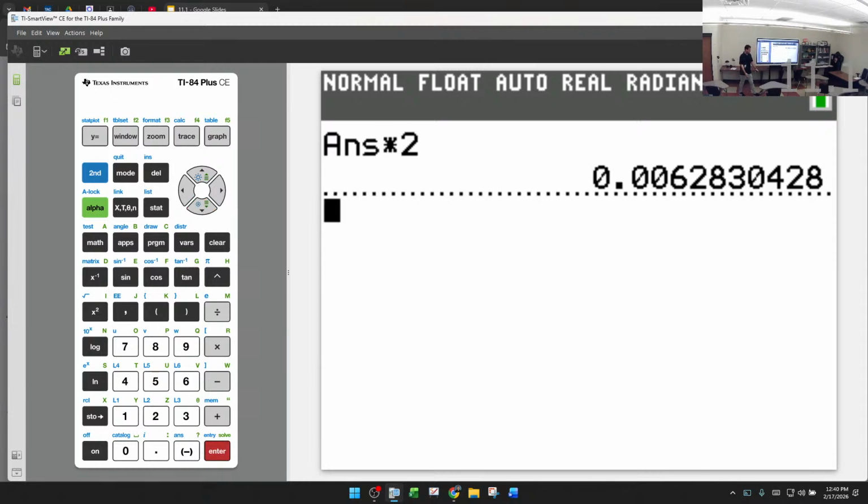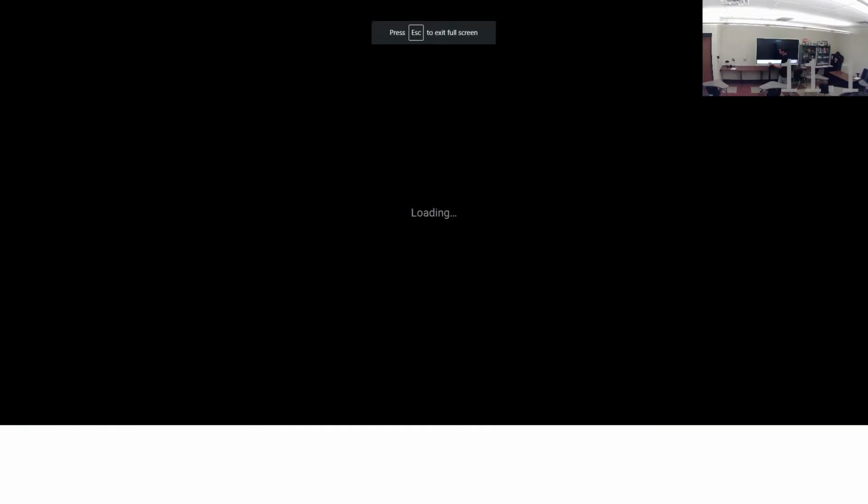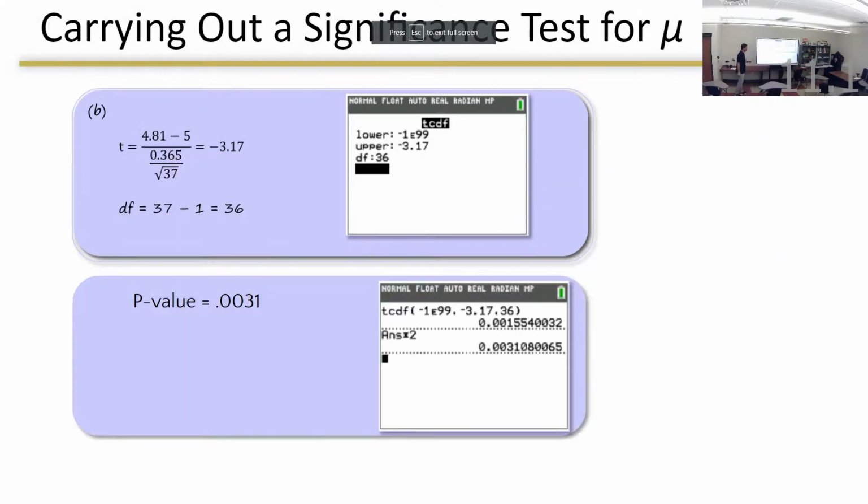Okay, very good. Beautiful. Here's the t, negative 3.17. df is 36. P-value 0.0031. There it's showing it to you on your calculator if you needed it.